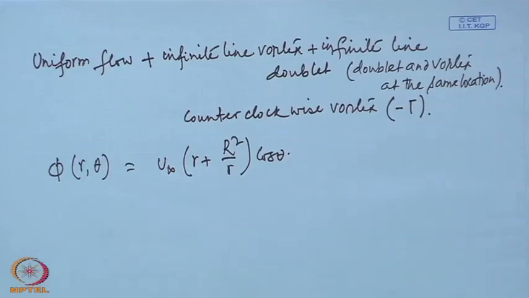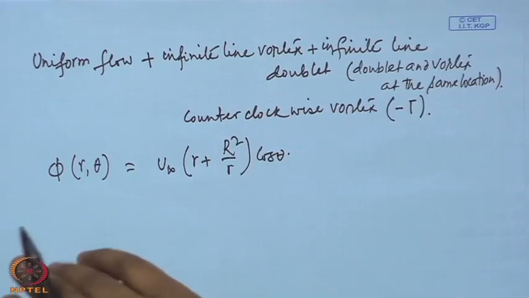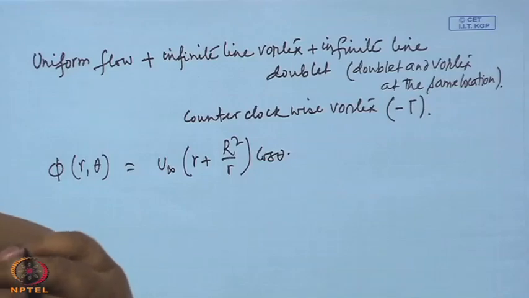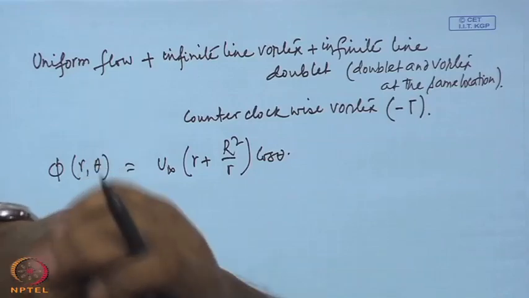Now, we have a counterclockwise vortex. So, what will be the potential for that counterclockwise vortex? This we did earlier, stream function for an infinite line vortex.